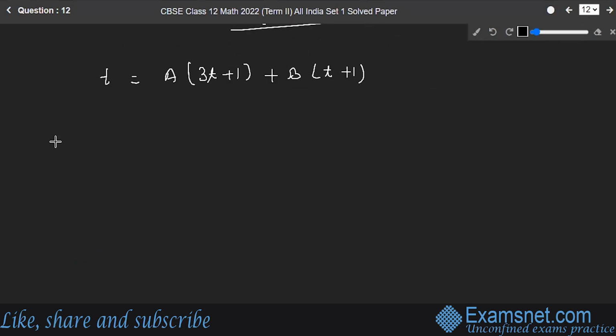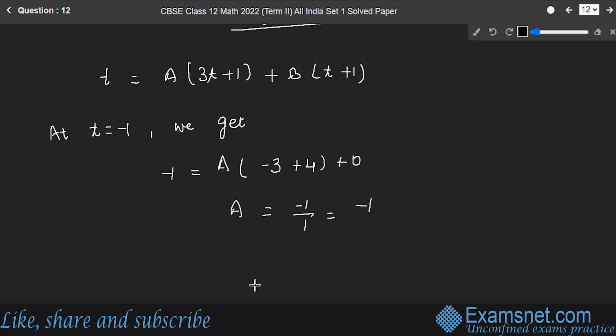At t is equal to minus 1, what we get is minus 1 is equal to A into minus 3 plus 4 plus 0, or A will be equal to minus 1 upon 1, that's equal to minus 1.